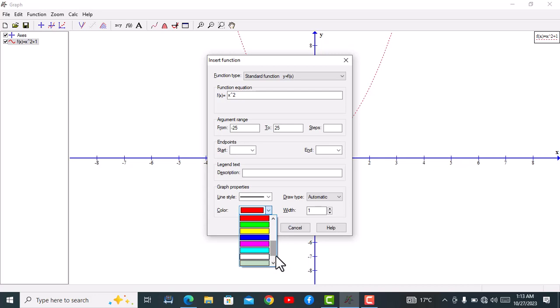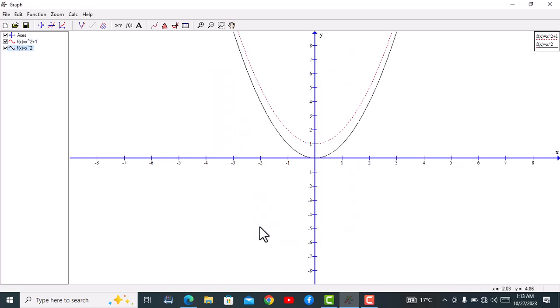Let's use a black color, and let's just draw that. So the graph of x squared plus 1 is in fact the graph of x squared shifted 1 unit upwards. I just wanted you to see that. So let me just get rid of this one, undo.